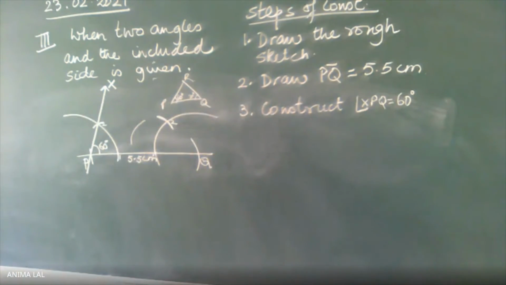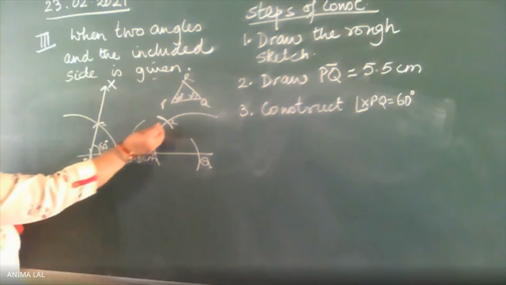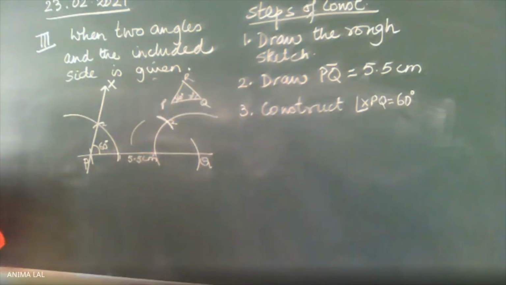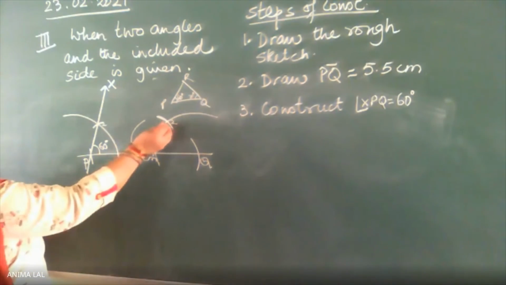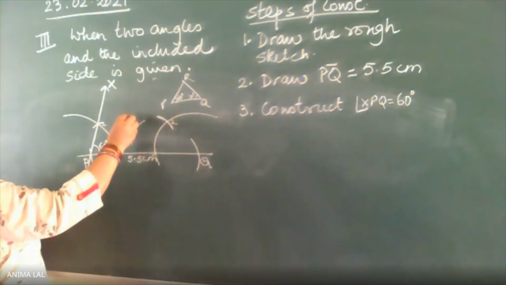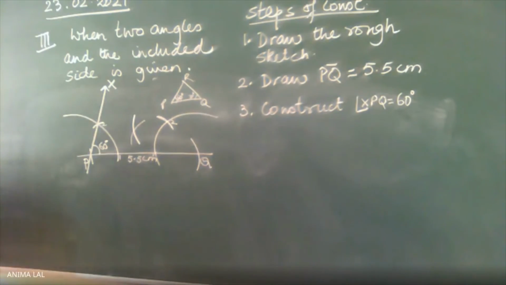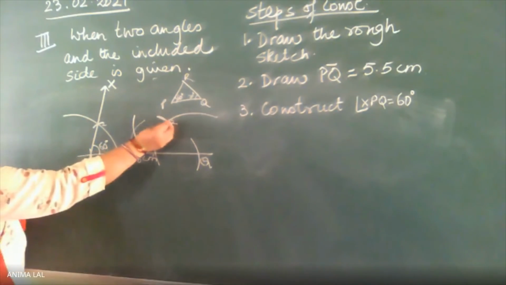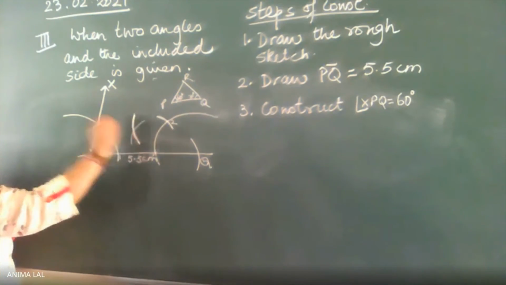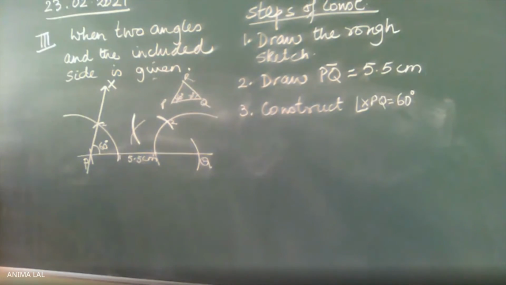Without changing the radius, put your compass point at 2. From 2, cross the arc that you made in front.